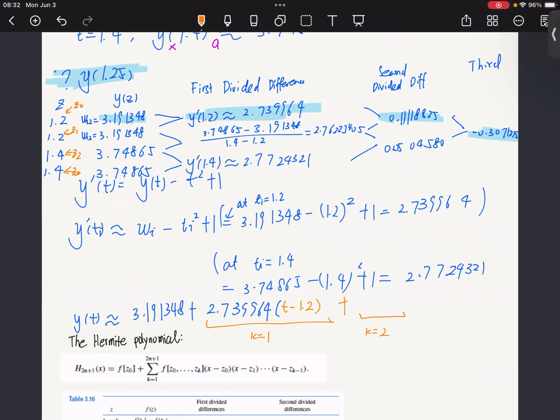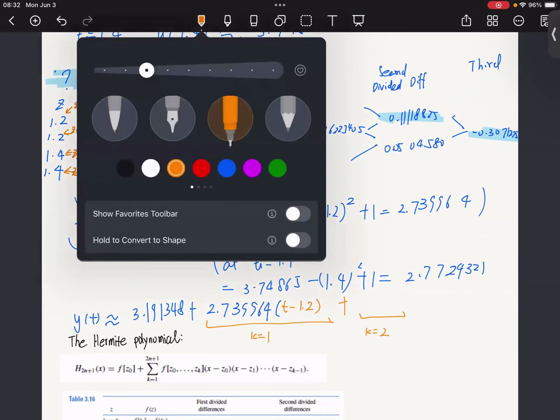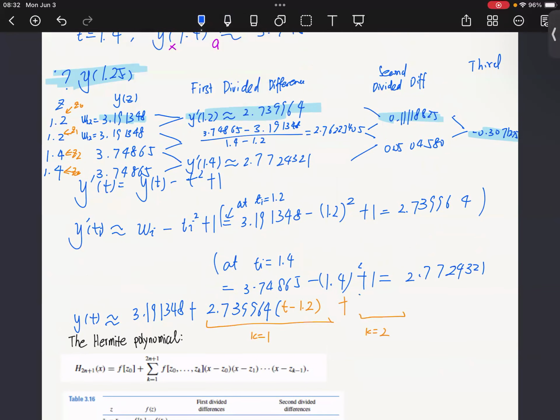And so we got the coefficient 0.1111885, and the polynomial expression should start from z0 to, because k equals 2 here, z2 minus 1, that is z1.